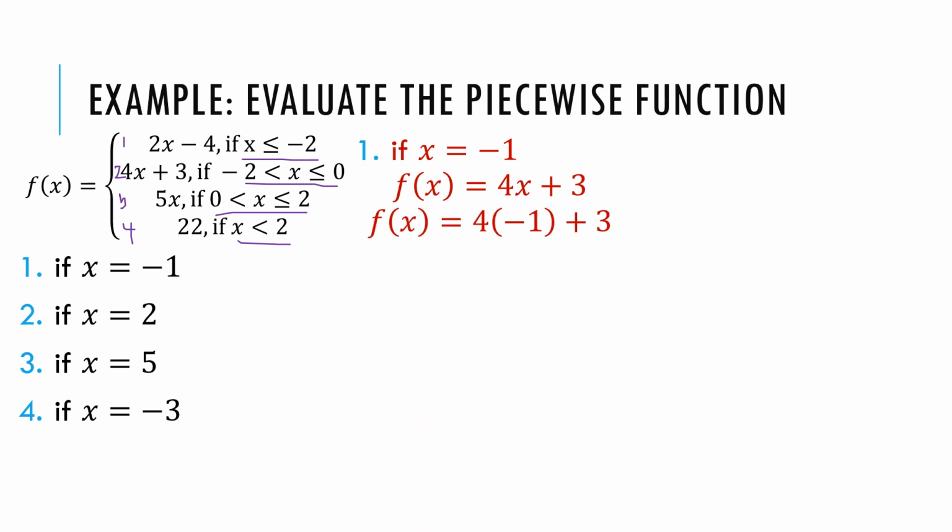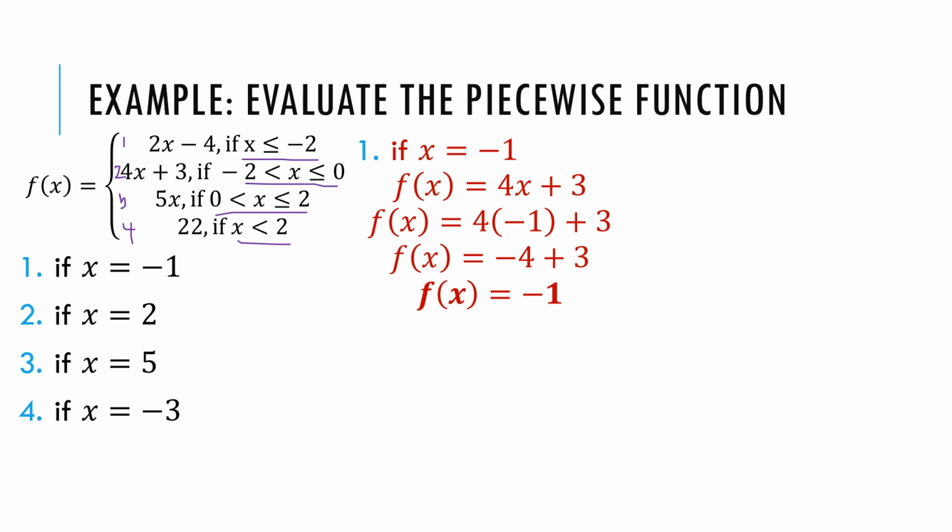So, magiging f of x is equal to 4 times negative 1 and then plus 3. 4 times negative 1, ang sagot is negative 4 plus 3. Anong sagot? Pag negative 4 plus 3, the answer is negative 1. So, yan yung value ng f of x for number 1 if x is equal to negative 1.